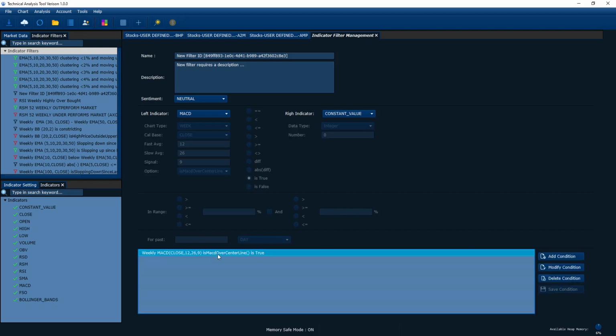As you can see, this condition has been saved inside this filter, and you can add more conditions right here, but for now I'll just show you the first one. These conditions are created based on the MACD on closing price 12, 26, 9, which are the default values to set up this MACD, and the condition is the MACD line over the center line. The center line is 0. This condition is true. Give me all the shares like this.